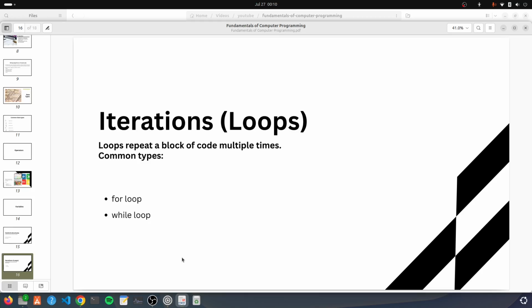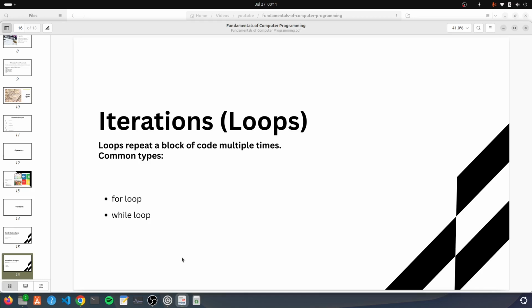So in computer programming, we use iterations or loops to repeat a block of code multiple times. The common loop types that we use are the for loop and the while loop. In this video, I'm not going to dive deeper into how we use the for loop or the while loop. We'll visit this once again when we start actual programming, right?